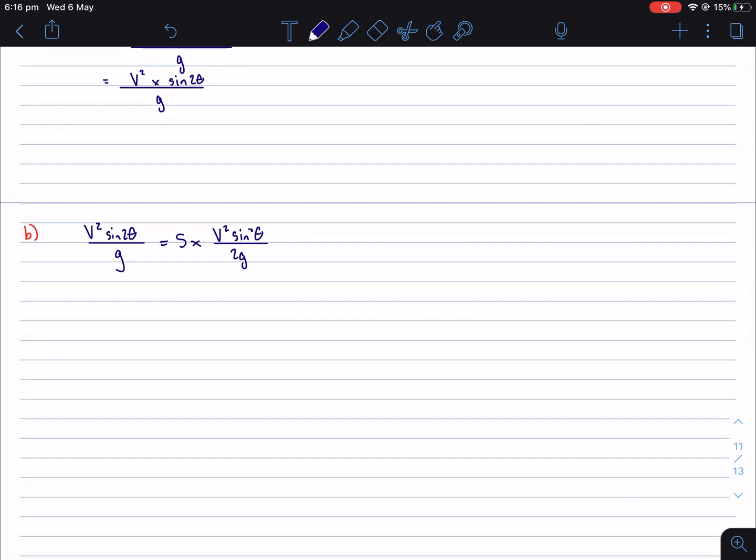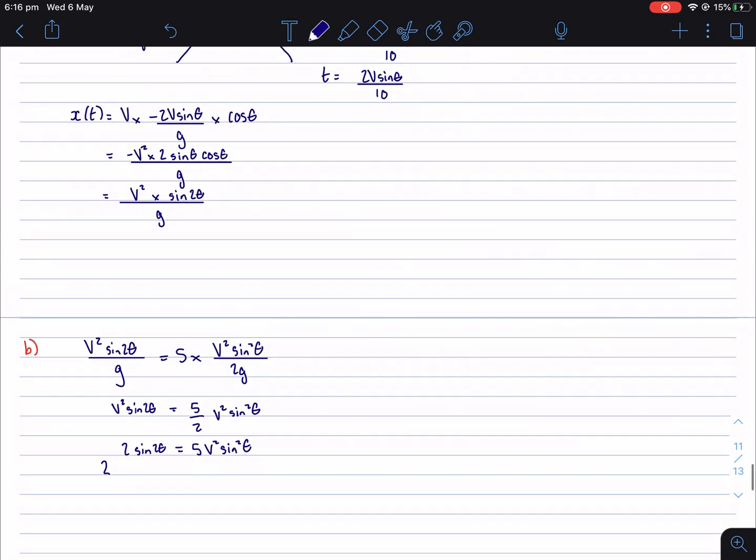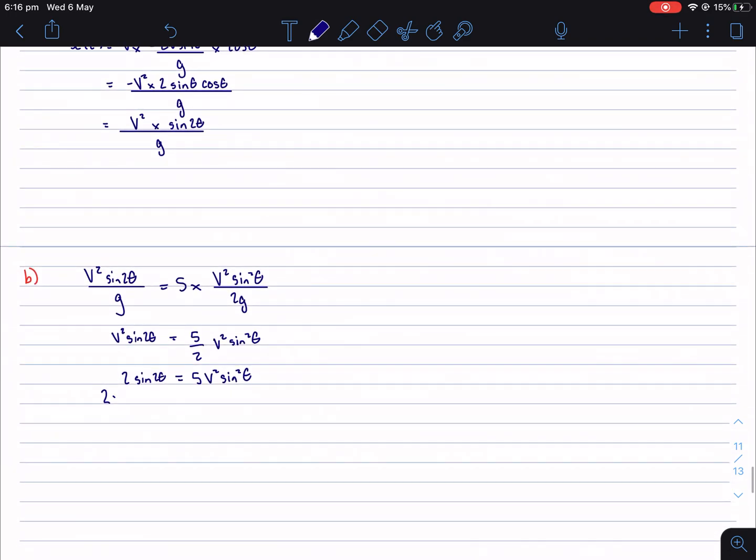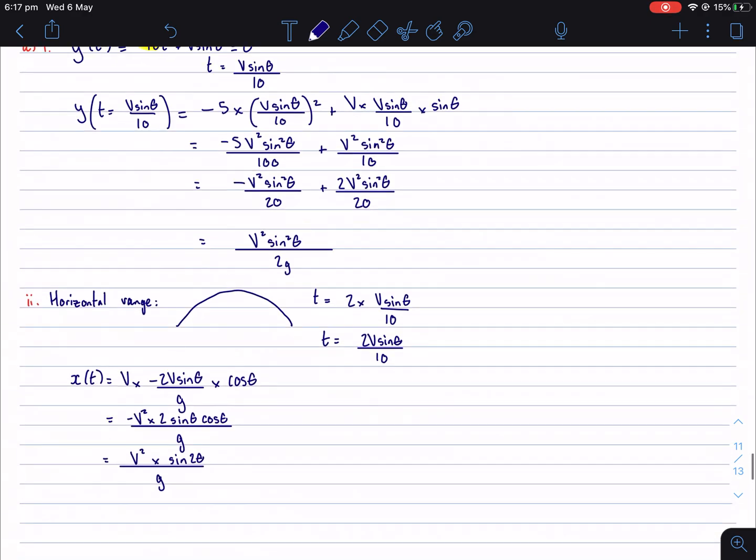So we get double angle formula again. The v should have disappeared. Is that on the right track? Yep.